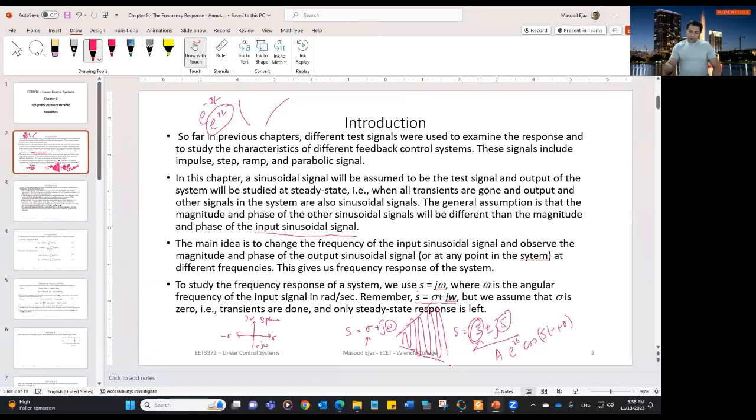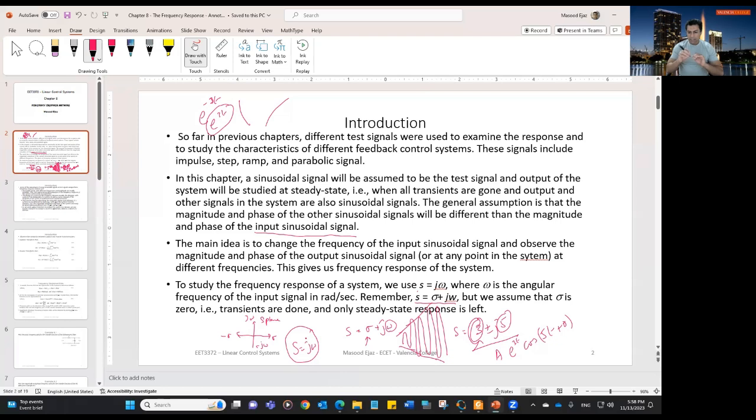So if you ignore sigma, then s is simply j omega, and that represents that you are dealing with only sinusoidal signals, assuming your transients are pretty much gone, or your test signal is a sinusoidal signal.